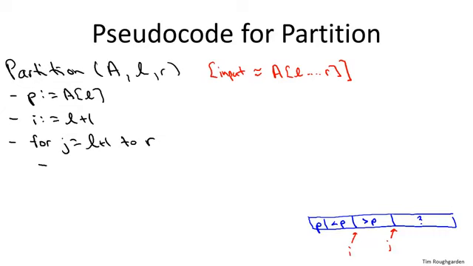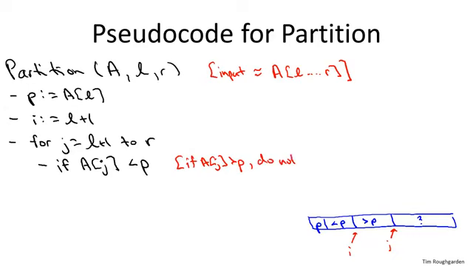What we saw in the example is that there were 2 cases, depending on whether the newly seen element is bigger than the pivot or less than the pivot. The easy case is when it's bigger than the pivot. Then we essentially don't have to do anything. Remember, we didn't do any swaps, we didn't change I, the boundary didn't change. It was when the new element was less than the pivot that we had to do some work. So we're going to check that. Is the newly seen element, A[J], less than P?